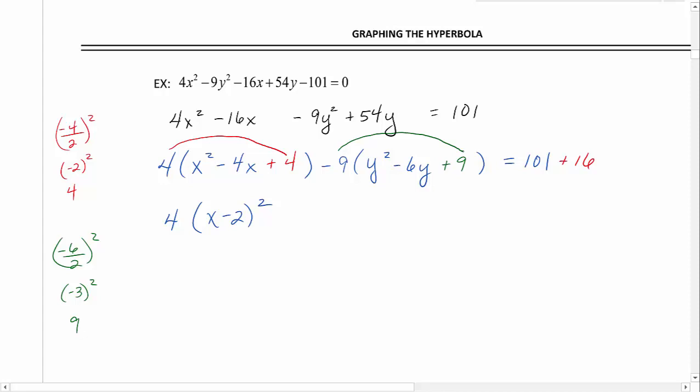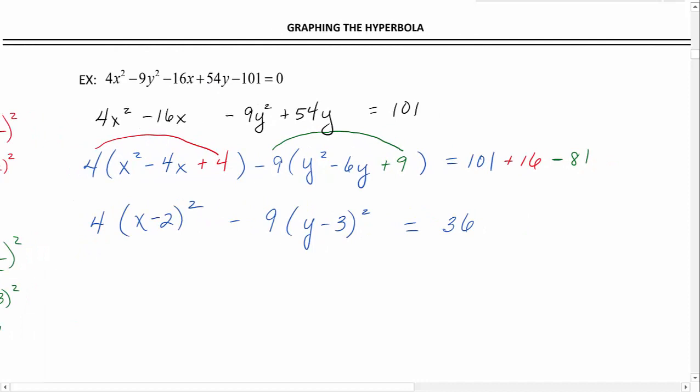So make sure you're taking the negative with you as well. We're actually going to be adding a -81 to the right-hand side. Factoring this perfect square trinomial we just created, we're going to have y minus 3 squared, and adding up our constants, we get 36.